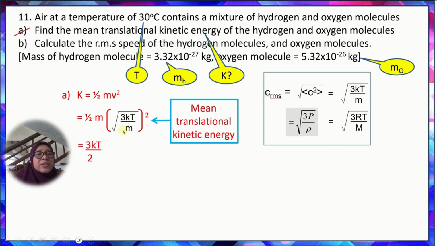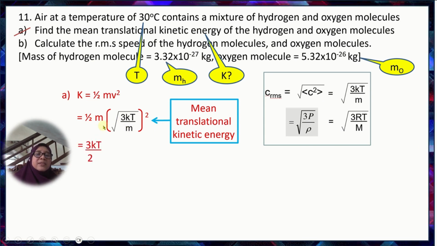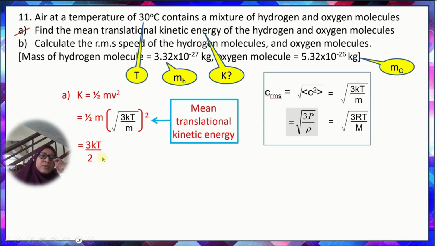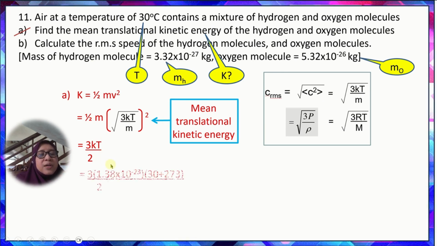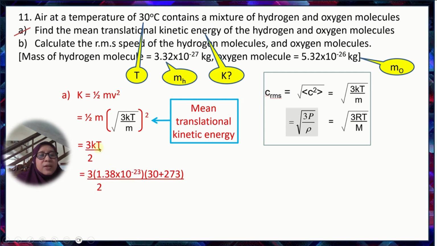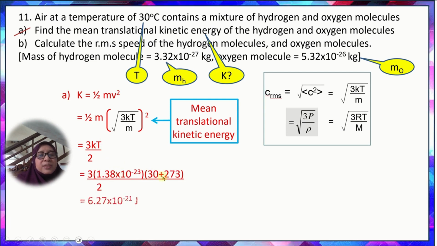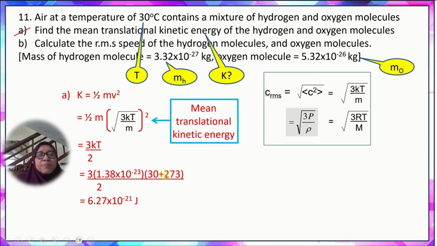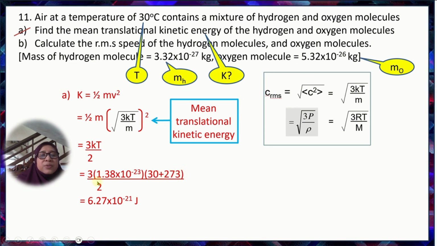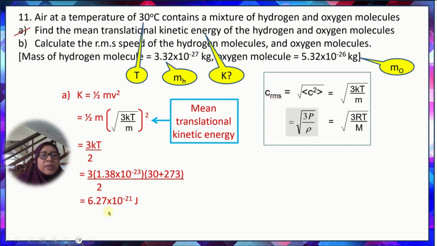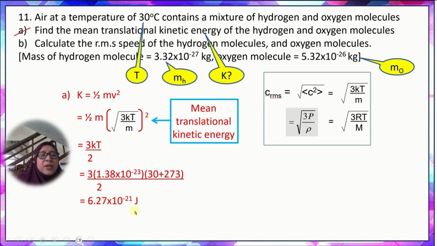So with 3kT, cancel the m, we get 3kT over 2. So this is the kinetic energy, 3/2 kT. k is the Boltzmann constant, the temperature is converted to Kelvin, and divided by 2. So we get 6.27 times 10 to the power of negative 21 joule.